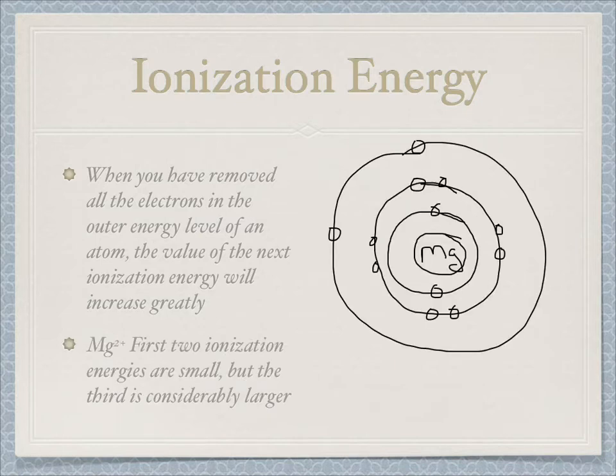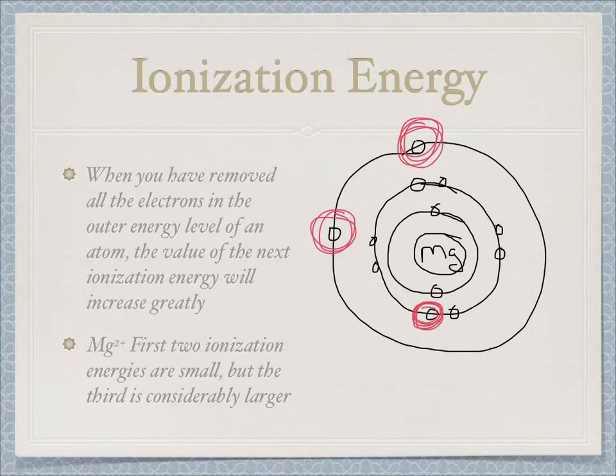So for instance, with magnesium, it's not too hard to take this first one away. It's not too hard to take that one away. And then once you've done that, you've taken away that outside level. But to take the next one inside away, that's where you get this big jump.